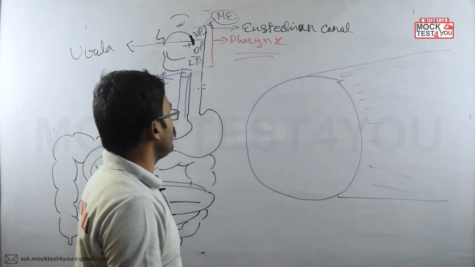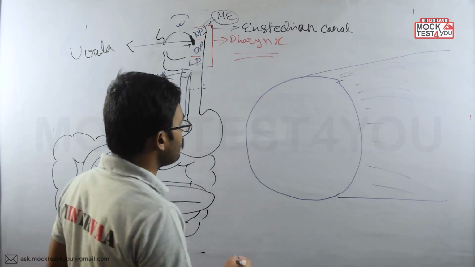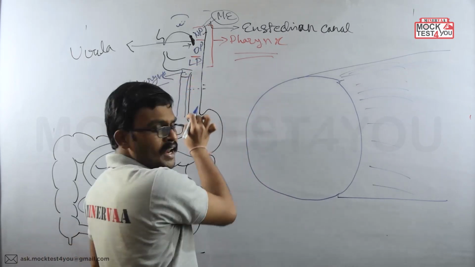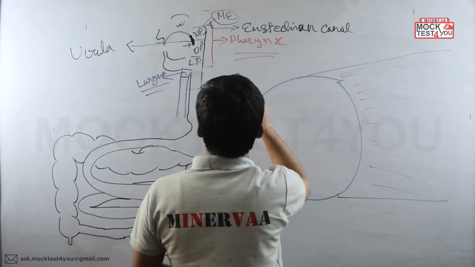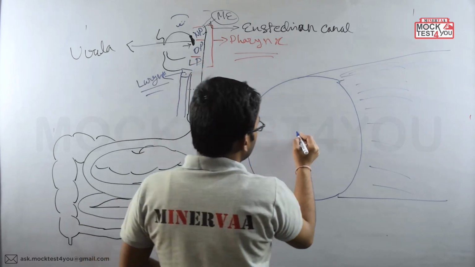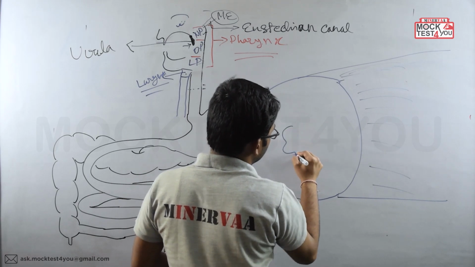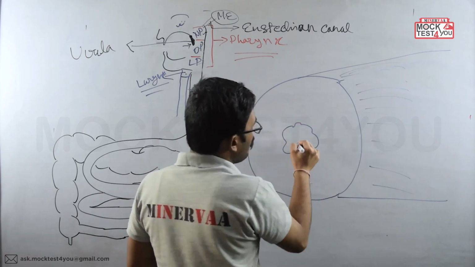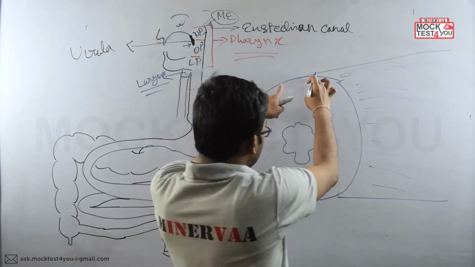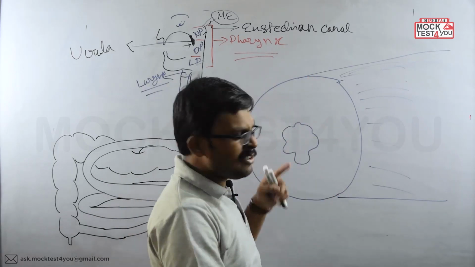This is the area we have got after cutting it. Now inside, a lumen is present, through which the food is passing, right? So this is the lumen, and this is the wall of the esophagus.